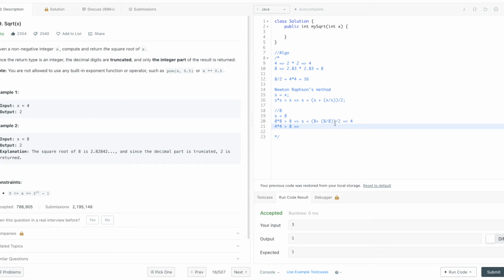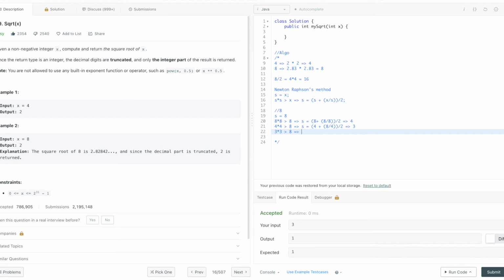Now next we check if 4 times 4 is greater than 8. Is 16 greater than 8? Yes. So we reduce s as 4 plus 8 divided by 4, the sum divided by 2, which will give me 4 plus 2, 6 by 2, which is 3. Again, 3 times 3, is it greater than 8? Is 9 greater than 8?